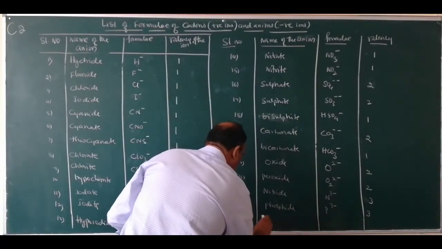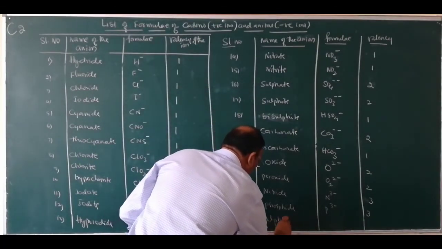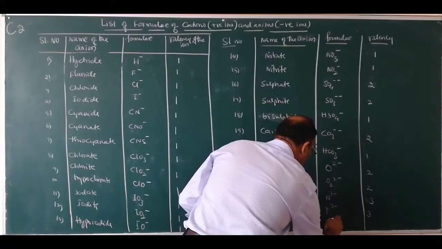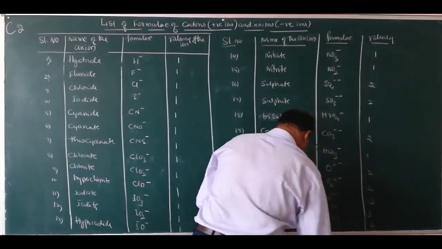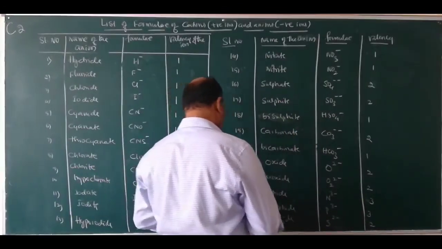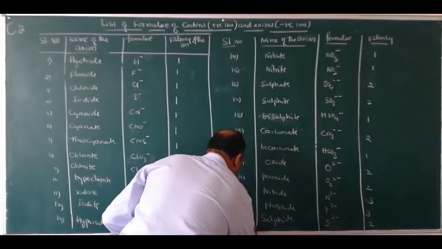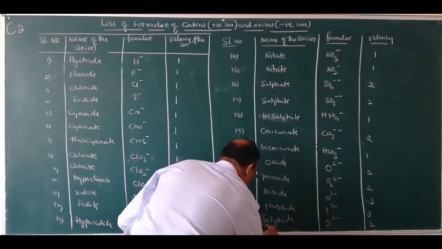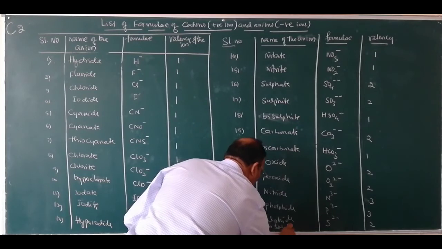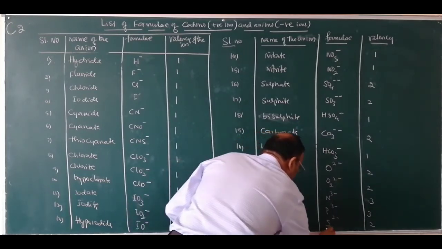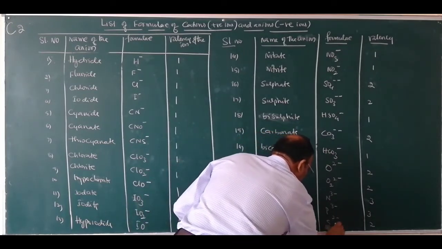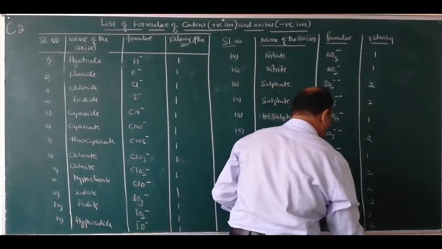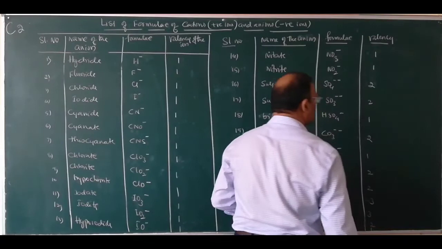Then sulfide, S 2 minus, so this one is 2. And bisulfide, HS minus, so this one is 1.